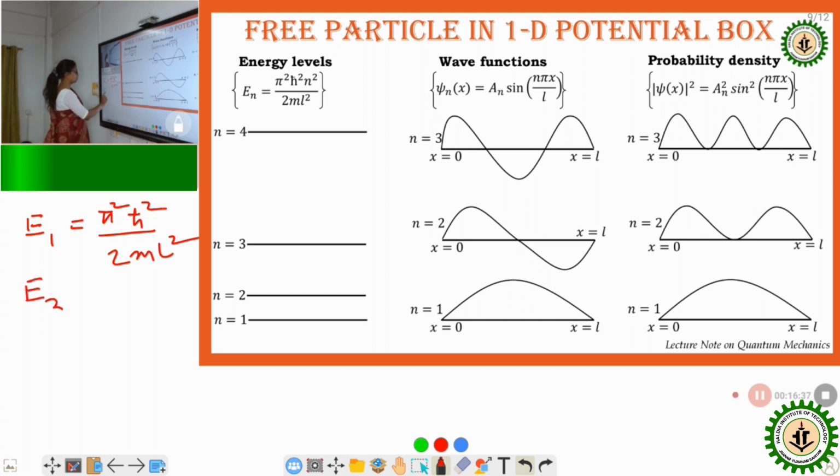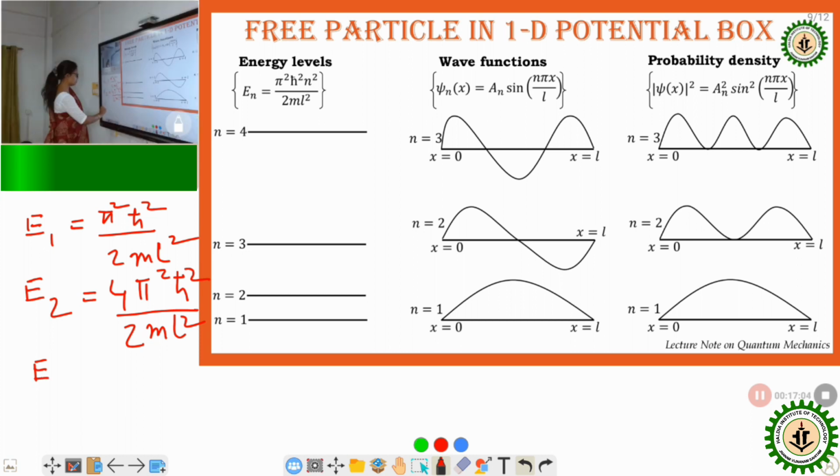E2 is 4 pi square h cut square by 2 m l square.